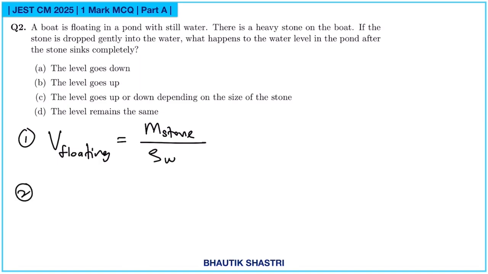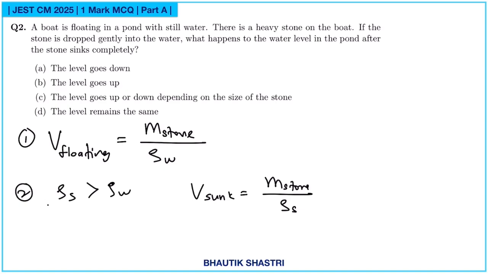And in the second case, when the stone is in the water, that means the heavy stone sinks, meaning density of stone is greater than density of water. And when it is submerged, it only displaces a volume of water equal to its own physical volume. That means V sunk will be equal to mass of stone upon density of stone.